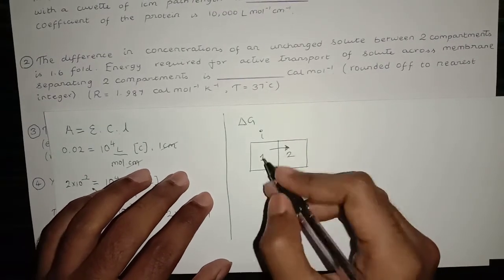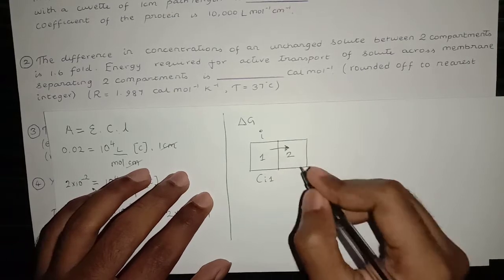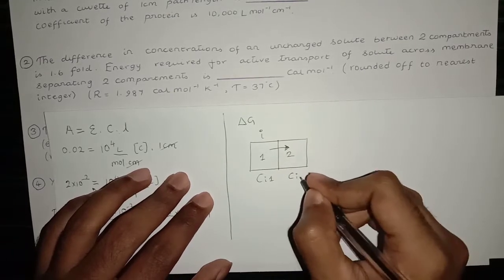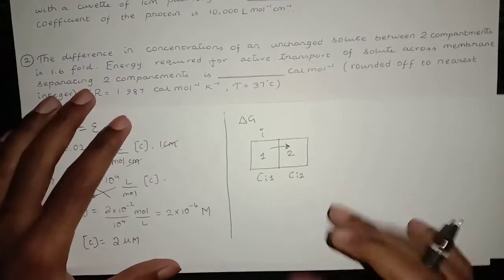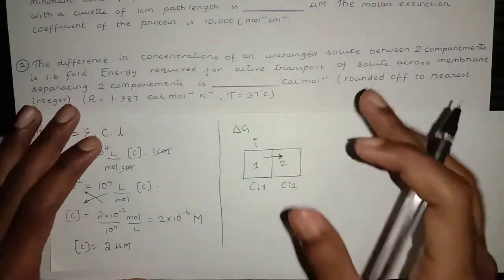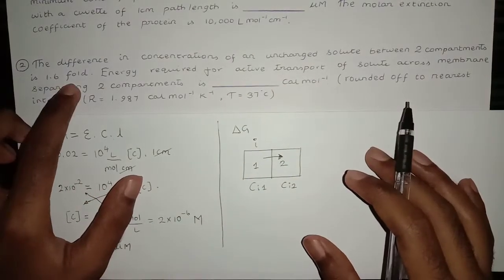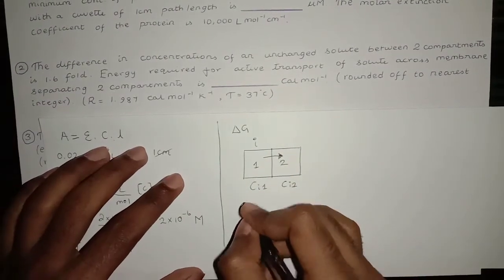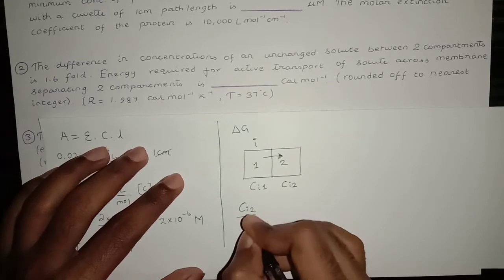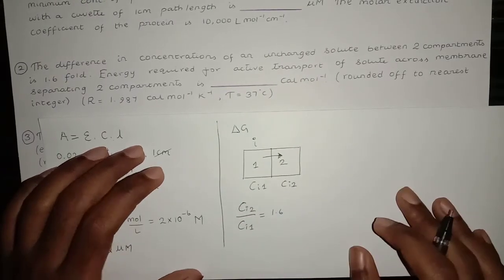Let us assume the concentration of the I in compartment 1 is Ci1 and in second compartment Ci2. It has been provided that the difference in concentration of an uncharged solute, say I, between the two compartments is 1.6 fold. That is Ci2 over Ci1 is equal to 1.6.